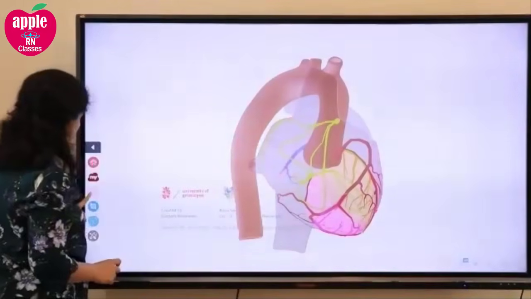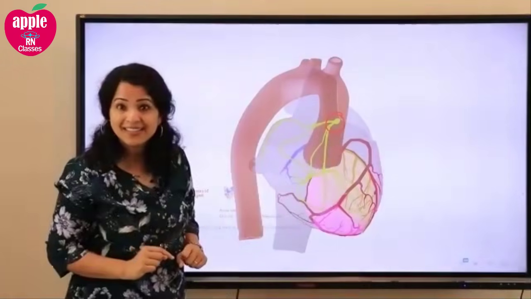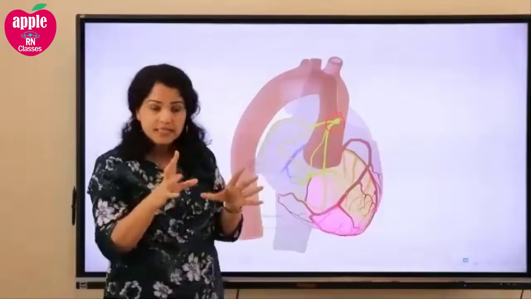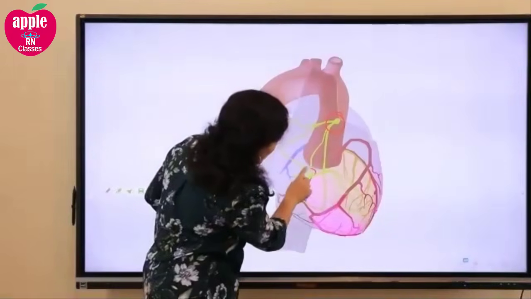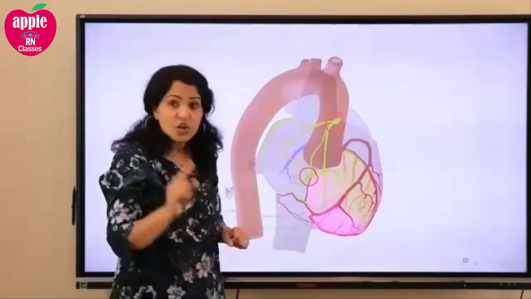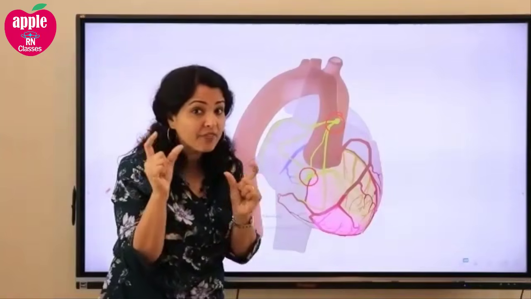Let me write that down so you can understand. This is our SA node. From the SA node, when there is an impulse, it goes into the AV node, down there. You can see a little thick bundle after the AV node.